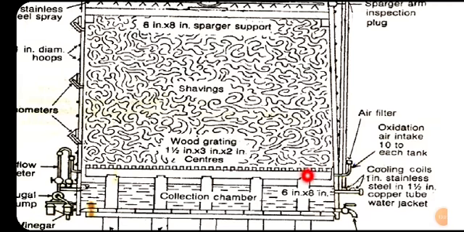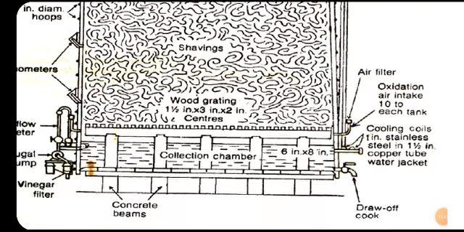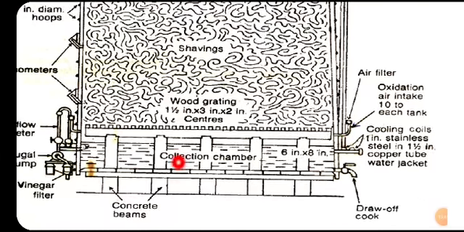So the mixture goes to the top, it is spread, it will be processed, it will trickle down, and again it will enter into the bottom chamber, that is the collection chamber. Later on, periodically, we check the concentration of vinegar or acetic acid formed, or the total acidity of this mixture is checked, and if it is desirable, it decides.